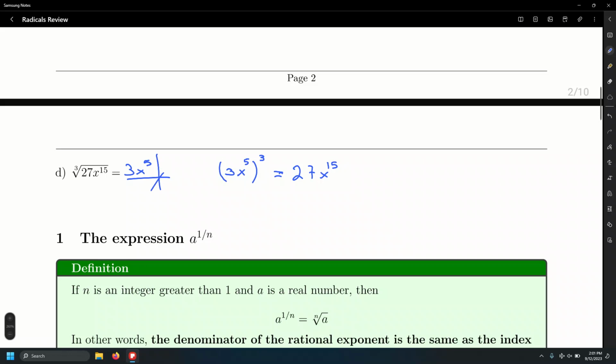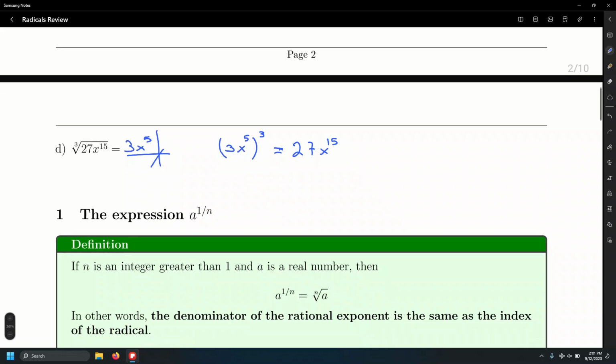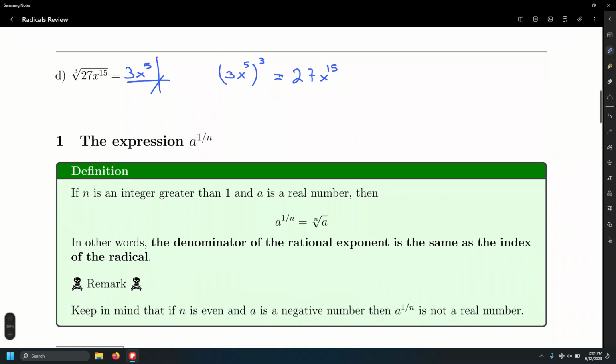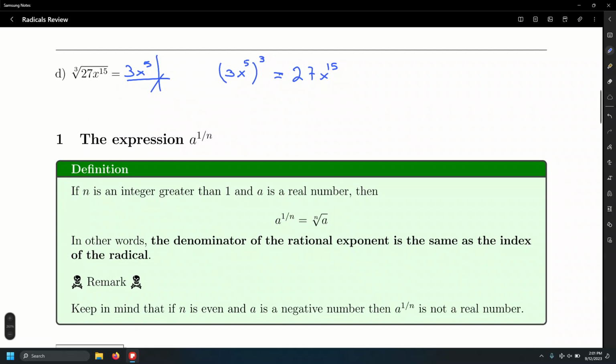Okay, the expression a raised to the 1 over n. All right, what about it? So now here we're going to go back and forth between the radical notation and rational exponent notation. That's another notation that we're going to use a lot later when we get to the trigonometry part, the core part of the course. All right, so for n being an integer, usually these indices are integers.